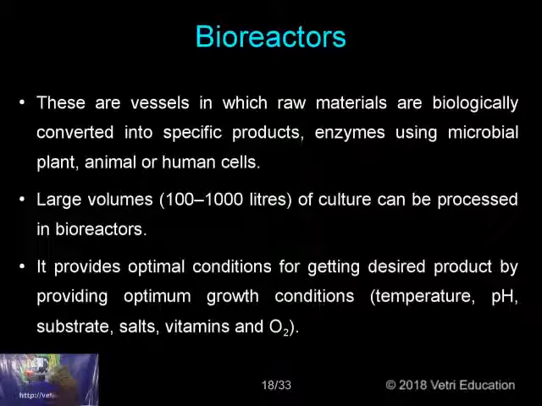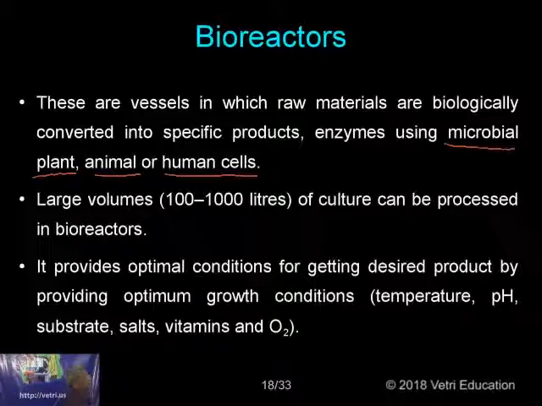So you can multiply microbial organisms, plant cells, animal cells, human cells, or bacterial cells, anything for that matter. If you want to produce a large quantity, then you must take the help of a bioreactor.